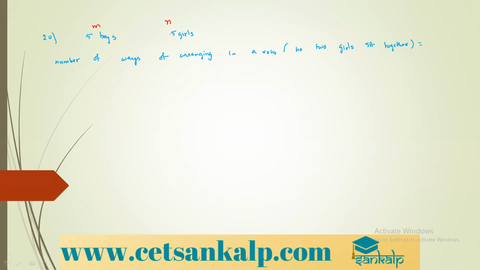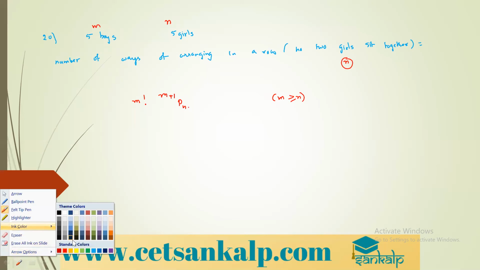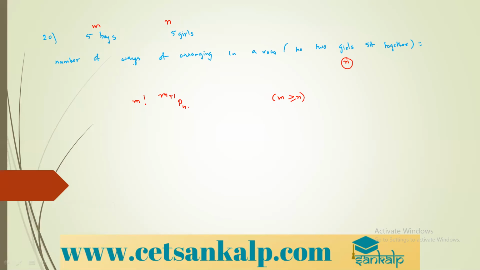Now, no 2 N things together. That I gave you in the formula, and the formula is M factorial into (M plus 1)PN. Of course, there is a condition that M should be greater than or equal to N. But here they are equal, so we need not worry about the condition.